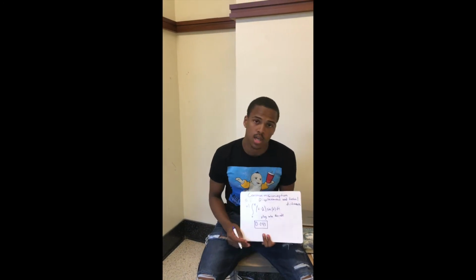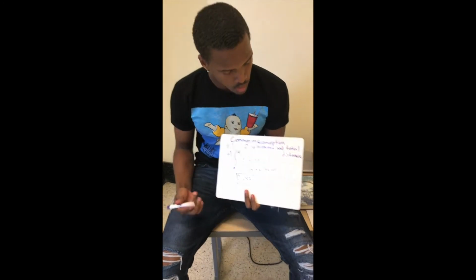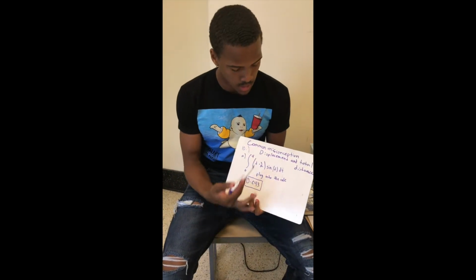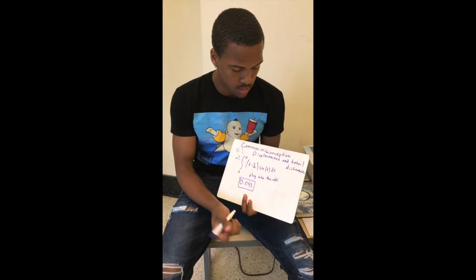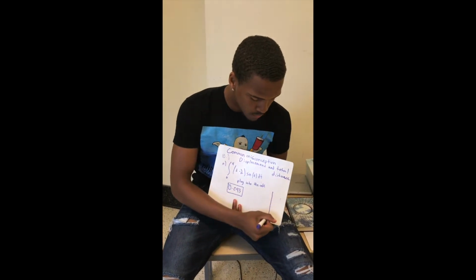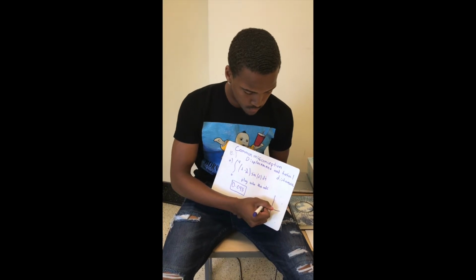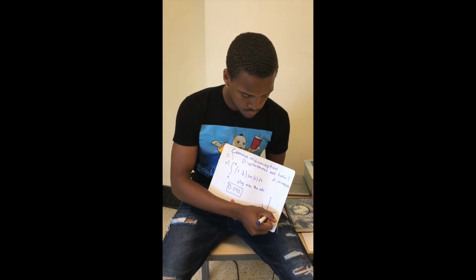So now we'll get into the common misconception, a thing that a lot of people get confused on. Our common misconception is that displacement and total distance are the same thing, because in reality they aren't. So if I were to draw a graph, and let's just say the graph looks something like this.